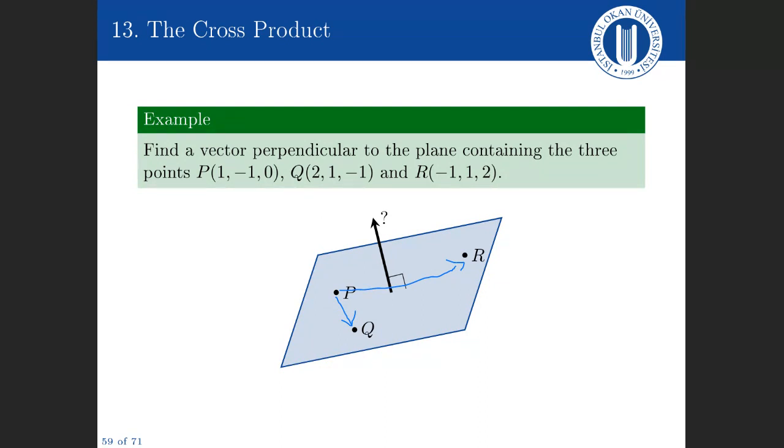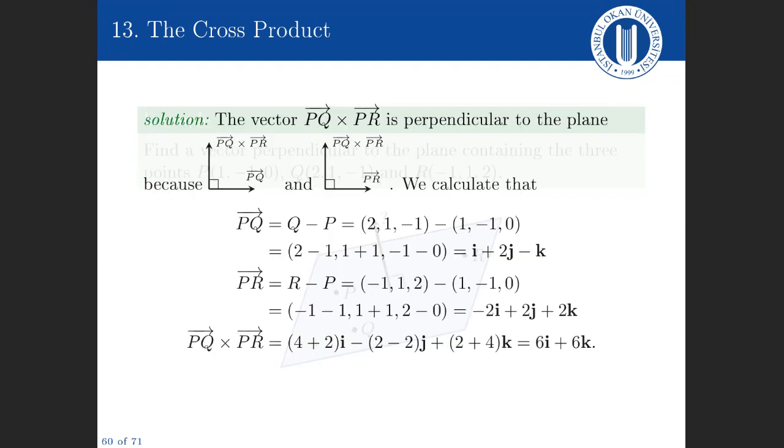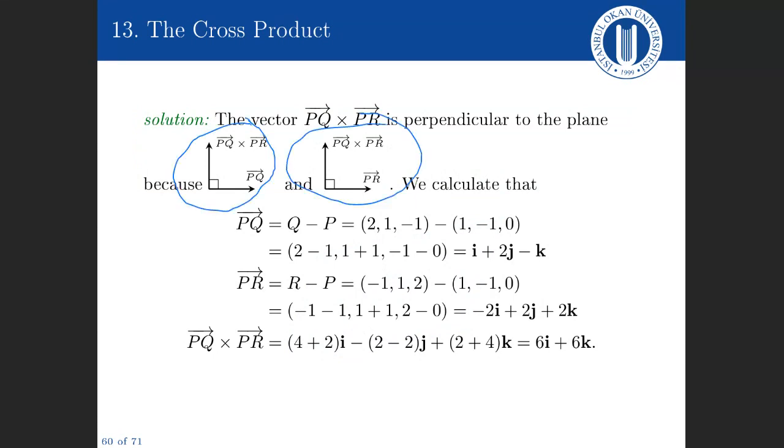We want a vector which is orthogonal or perpendicular to the plane. So we want a vector which is orthogonal to PQ and orthogonal to PR. Now that's easy. We'll just take the cross product of PQ and PR, because PQ cross PR is always orthogonal to PQ, and PQ cross PR is always orthogonal to PR.